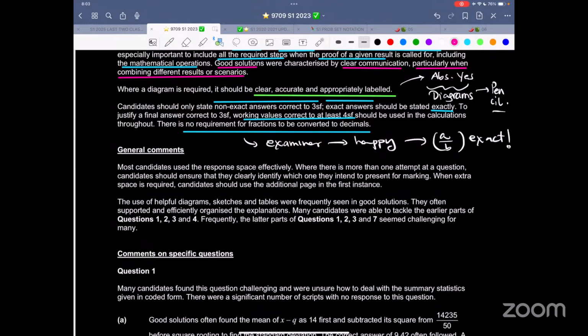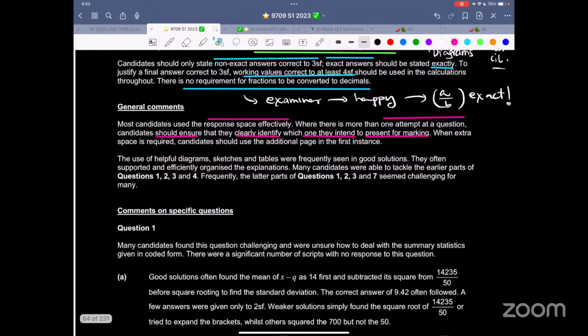Now let me read further. It says most candidates use the response space effectively. A lot of people ask this question: where there is more than one attempt at a question, very important, candidates should ensure that they clearly identify which one they intend to present for marking. Let me give you a demonstration.